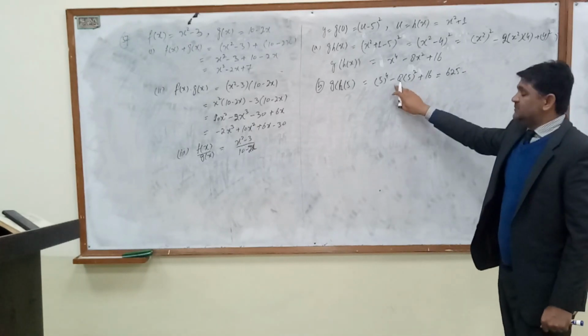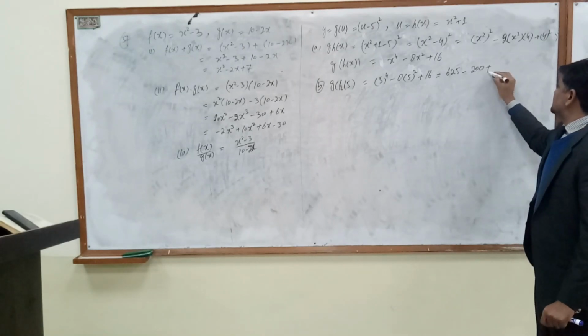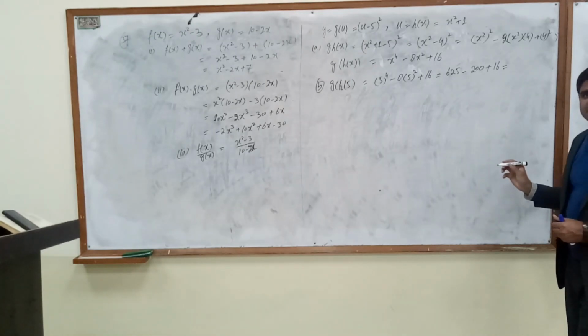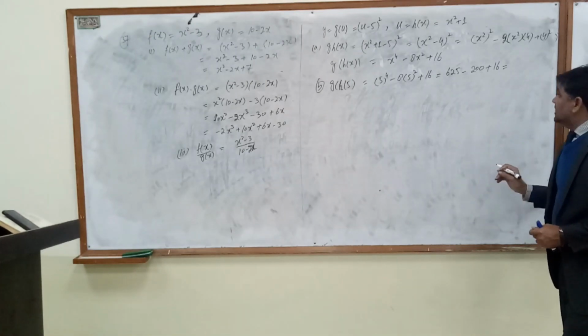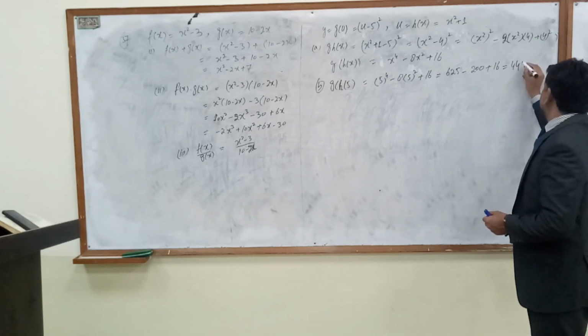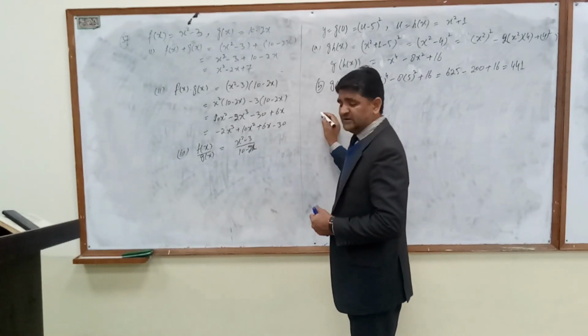Minus 25 multiplied by 8 is 200, plus 16. What is the sum? 441 is the simplified value.